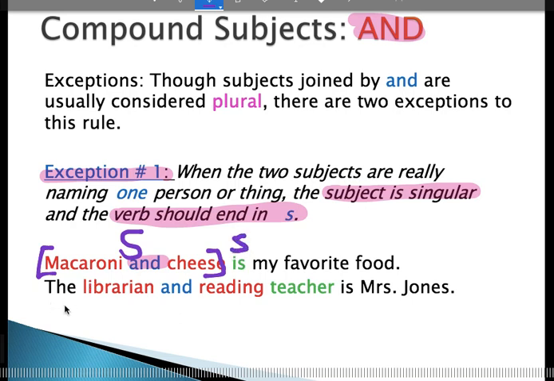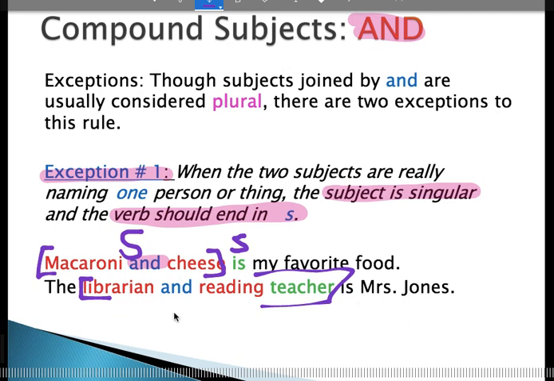So, second example, the librarian and reading teacher is Mrs. Jones. Okay, we have the and here. We have the librarian and reading teacher. Except we're not saying that the librarian is one person and the reading teacher is another person.